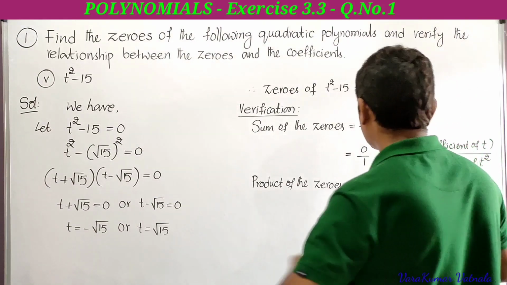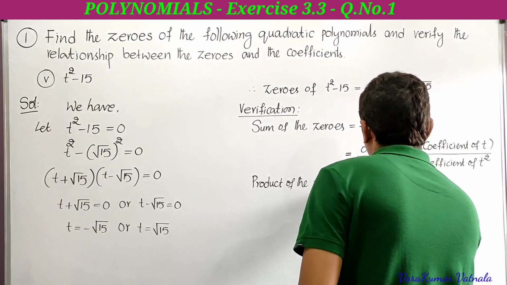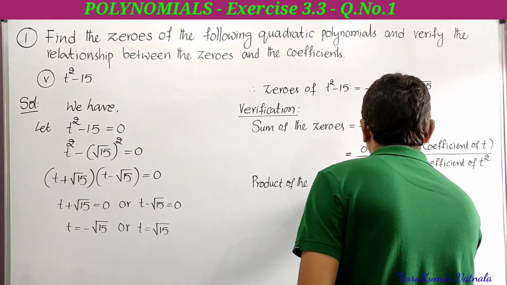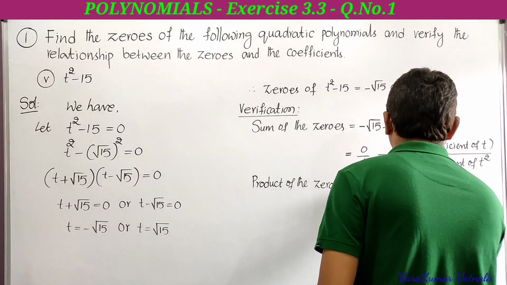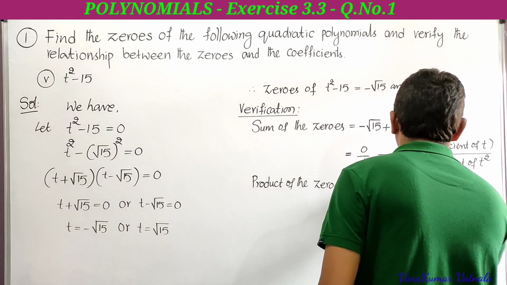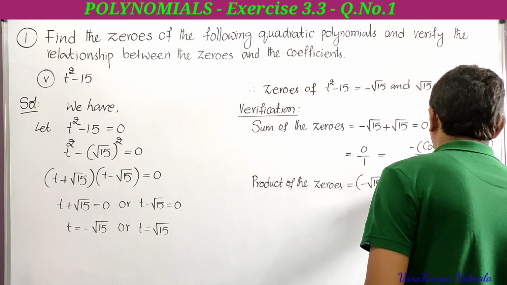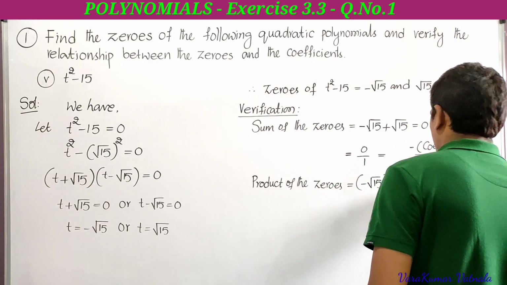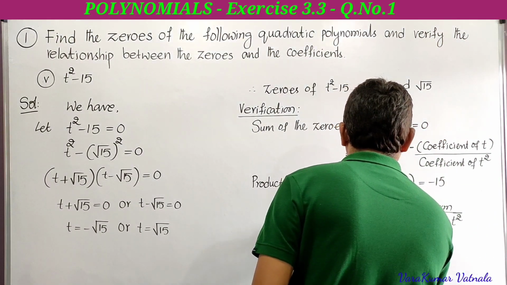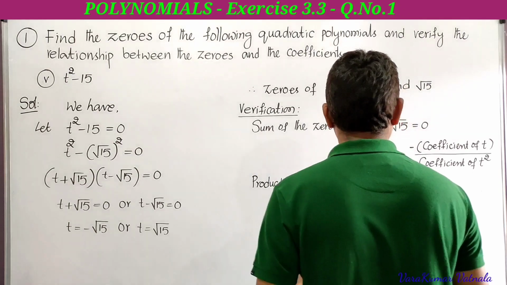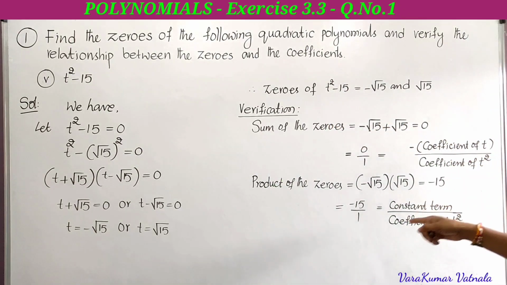So next, the product of the zeros is equal to minus root 15 into plus root 15. So root 15 into root 15 is equal to minus 15. So I am writing minus 15 as minus 15 divided by 1.